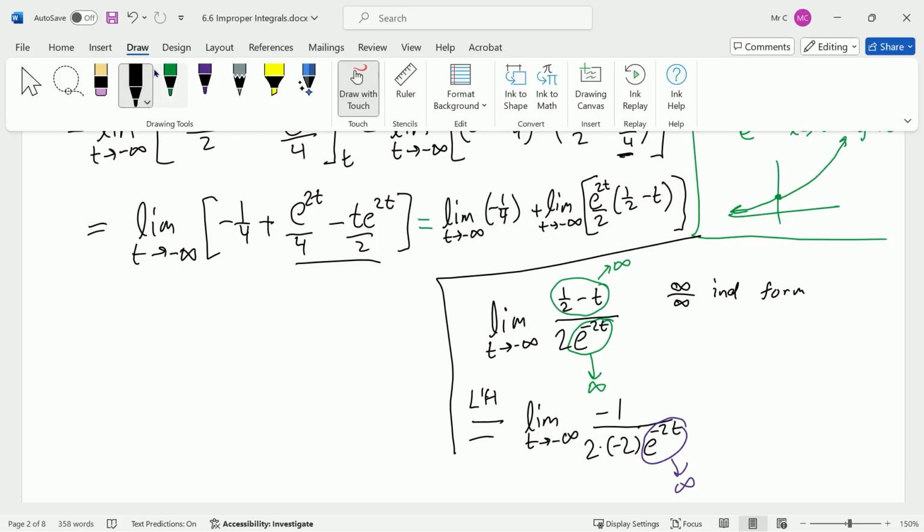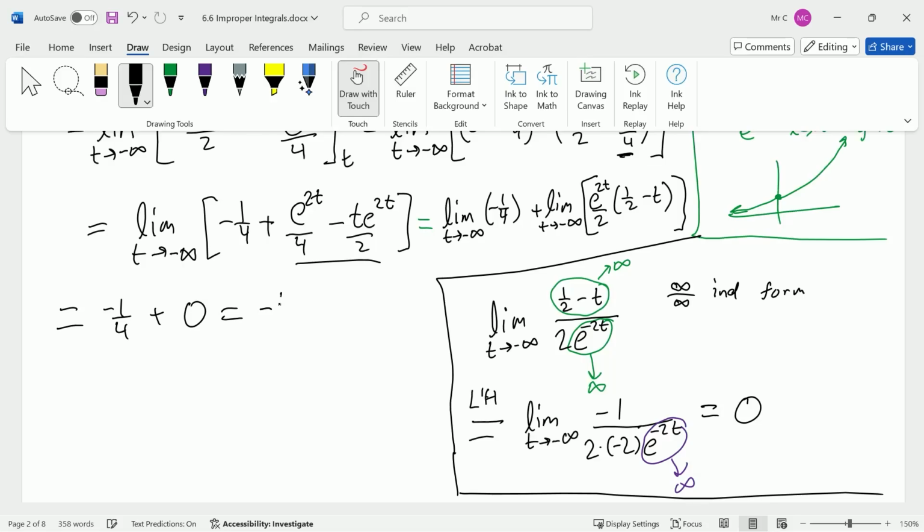And when we have a fraction whose numerator is a constant, but the denominator goes to infinity, or negative infinity for that matter, the whole fraction goes to 0. So the limit of -1/4 is just -1/4, plus the limit of this expression, which is 0. So altogether, this is -1/4.